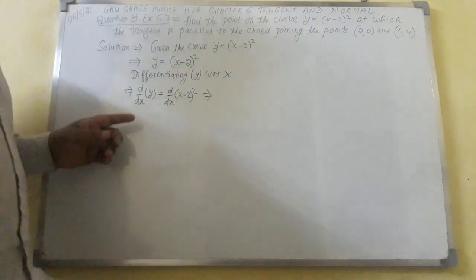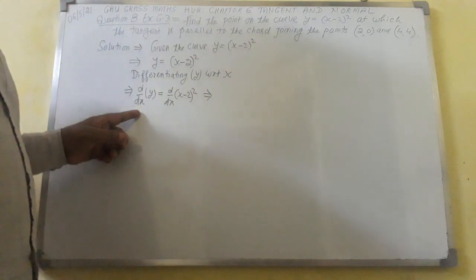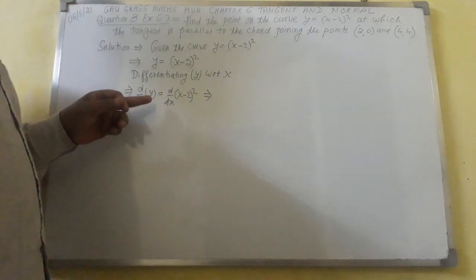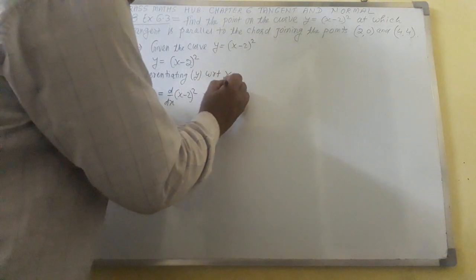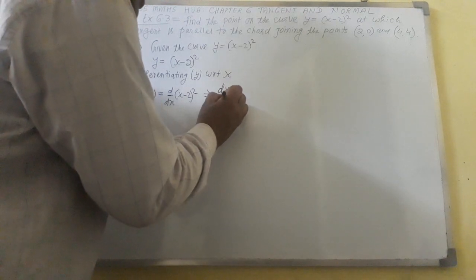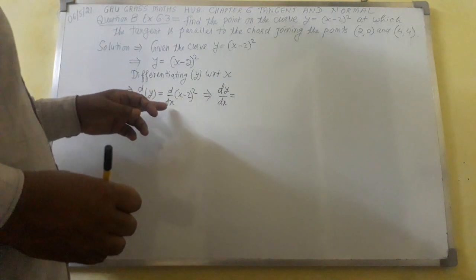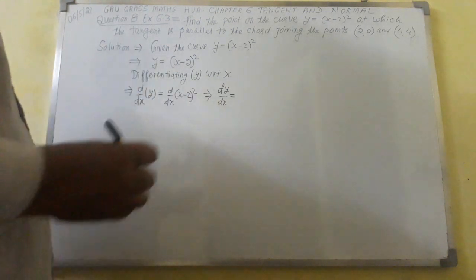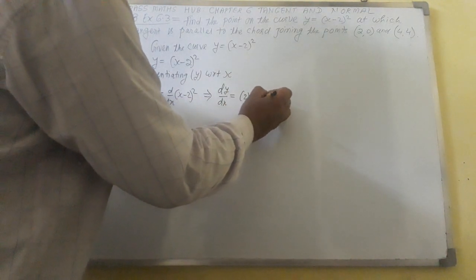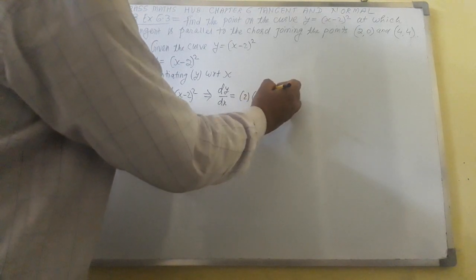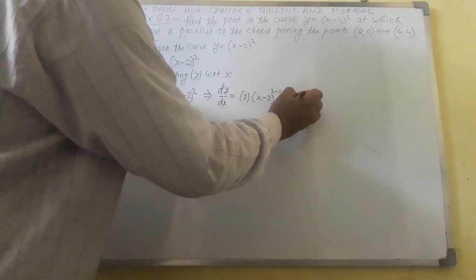Here in the numerator function y is available, in the denominator dx is available, so it is written as dy over dx. So dy over dx equal to d over dx of (x minus 2) whole square, which comes out to be 2 (x minus 2) raised to the power 2 minus 1 dot d over dx of (x minus 2).